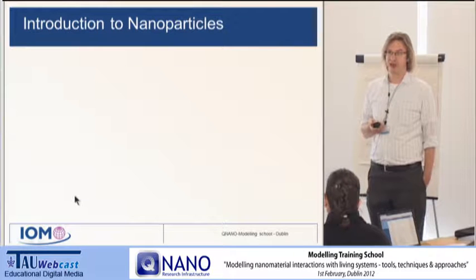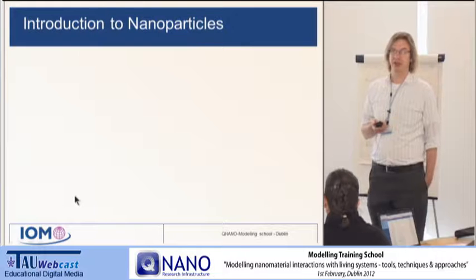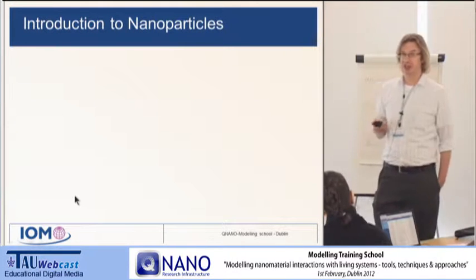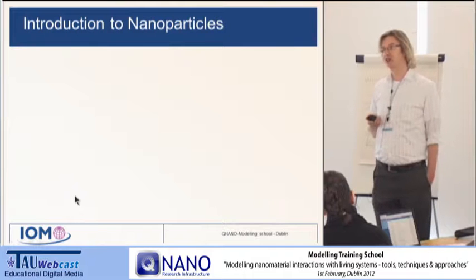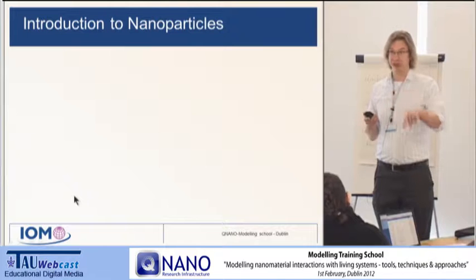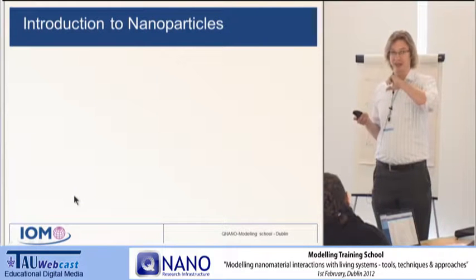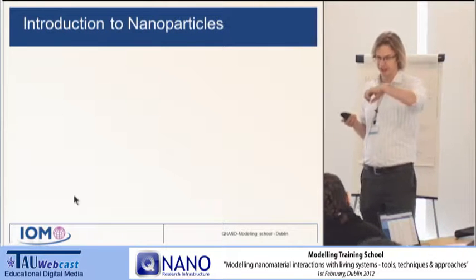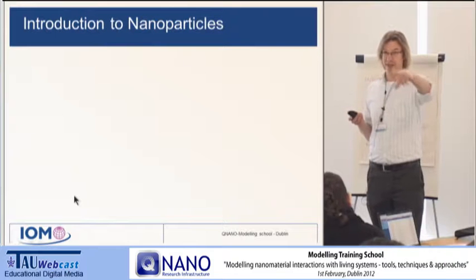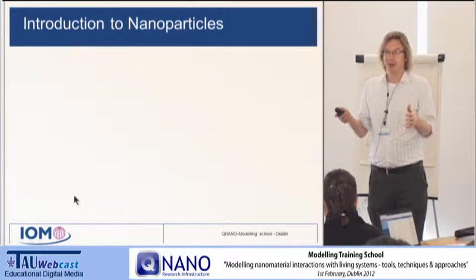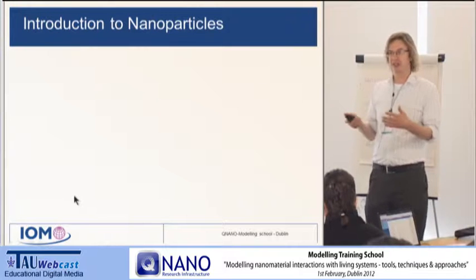So the size of your particles will make sure that they behave differently, and they're not constant. If I emit a source here with a certain size distribution, it's not just that source transported from A to B, and it changes, because you have processes like coagulation and agglomeration.